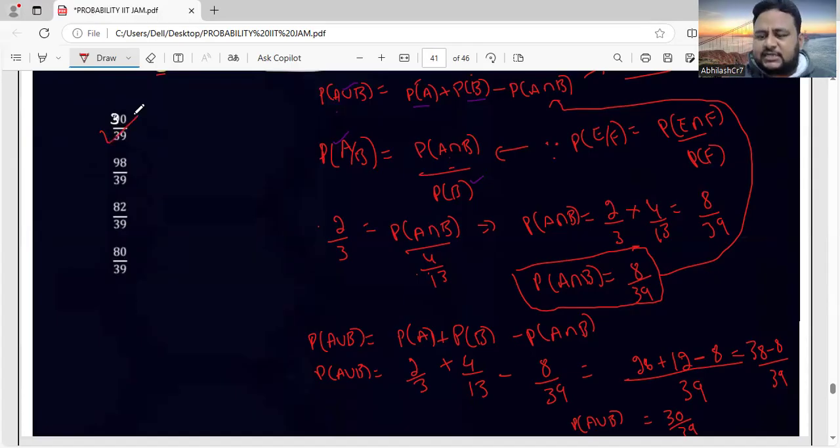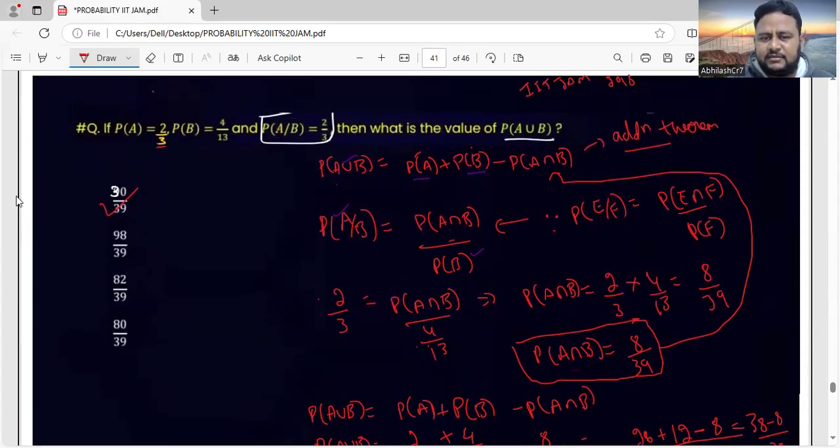Alright, friends, did you get it now? How to solve this? To find out probability of A union B, first I use the addition theorem. Probability of A union B, as per the addition theorem, is probability of A plus probability of B minus probability of A intersection B. Here they have given P(A) and P(B), but we don't know probability of A intersection B. To find it, I used the conditional probability.